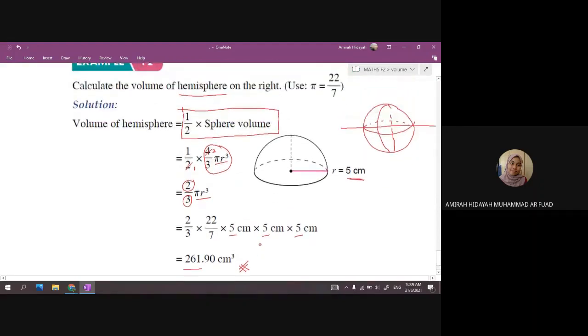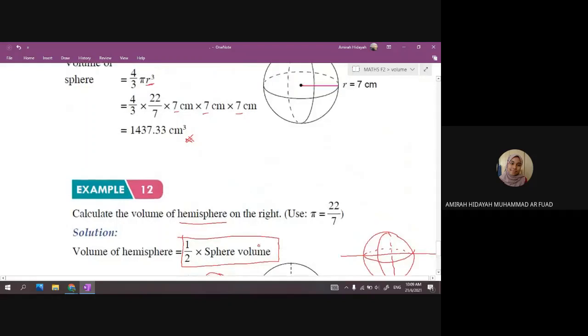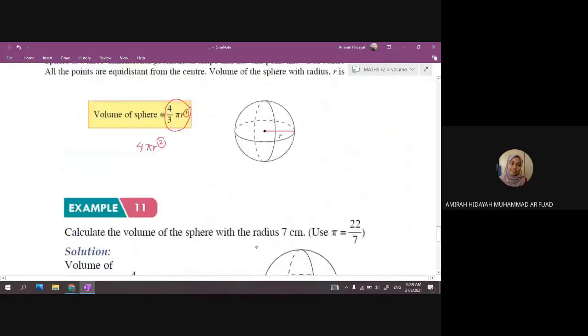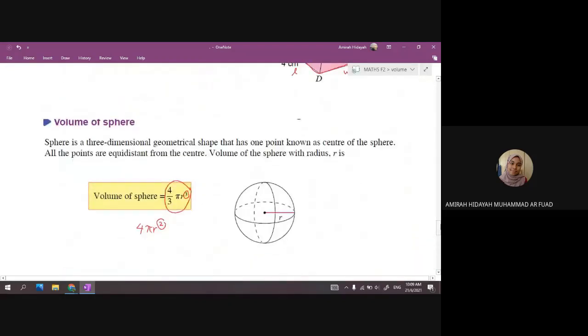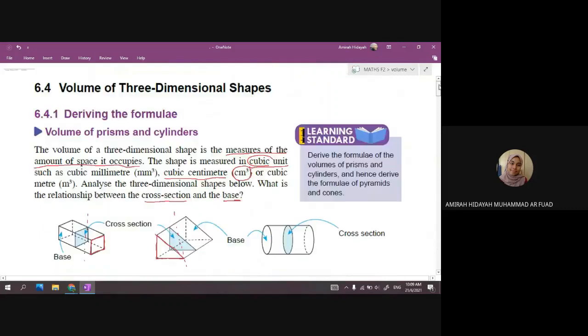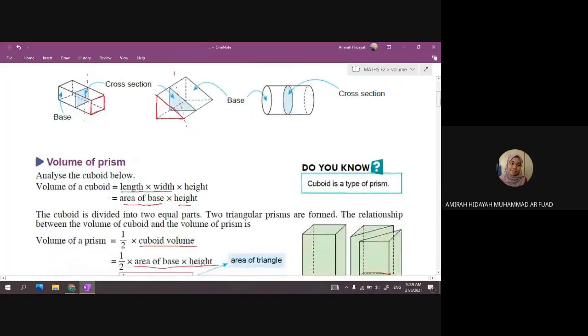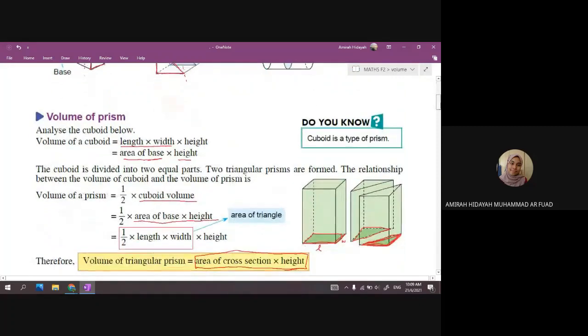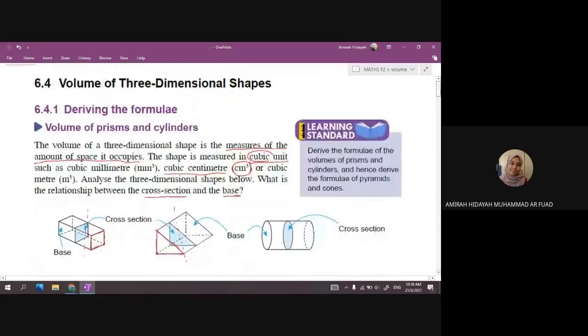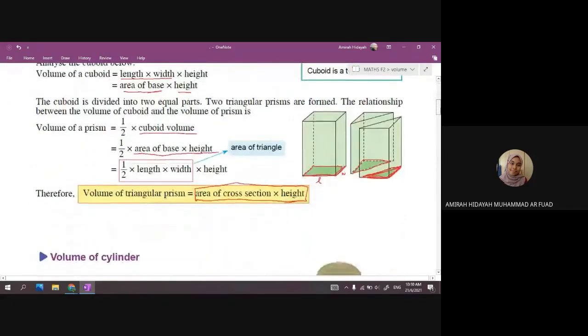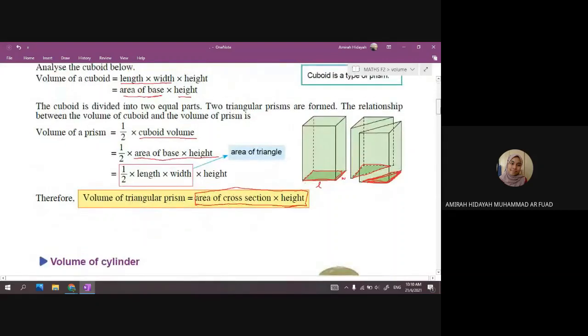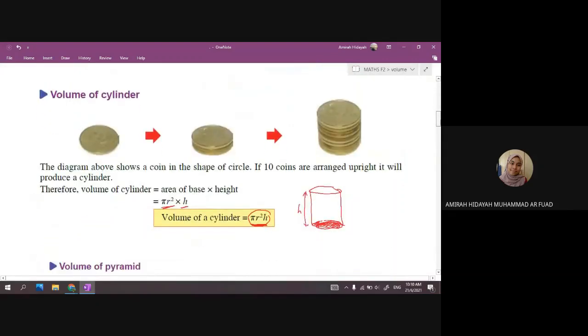So yeah, that's it for today's topic here about volume. So kamu dah tengok apa yang saya explain tadi tentang macam mana nak derive formula untuk volume of each solids or 3D shape. Okay, kita ada prism and cylinder.